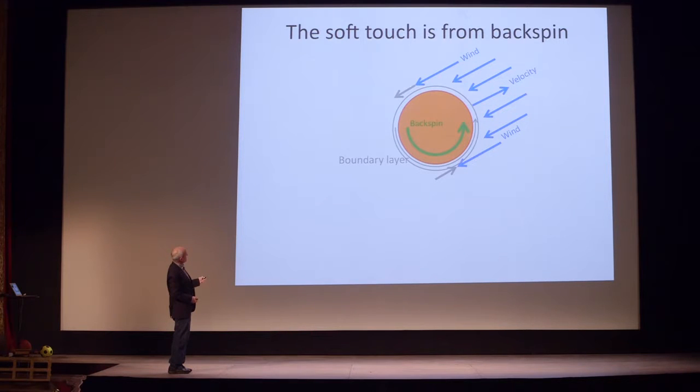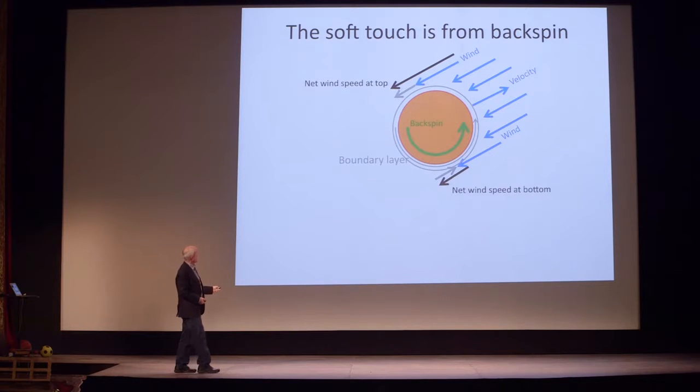This is in the same direction as the wind, and so that gives us a net effective speed of the wind at the top of the basketball. And this opposes the wind, so we have a shorter net wind speed at the bottom, a lower. So the air at the bottom of the basketball, combining the wind and the boundary layer, is lower velocity than at the top of the ball. So there's a difference in velocity of the wind, and this leads to lift.